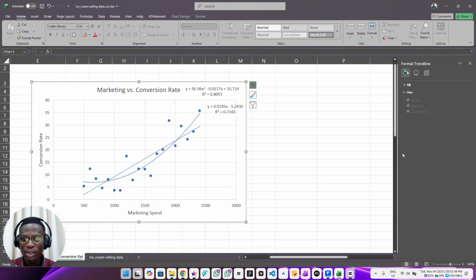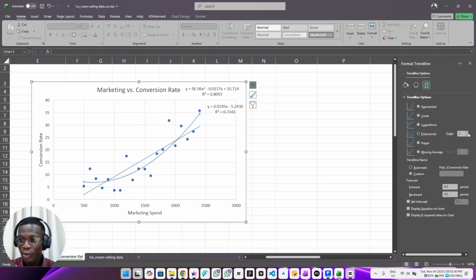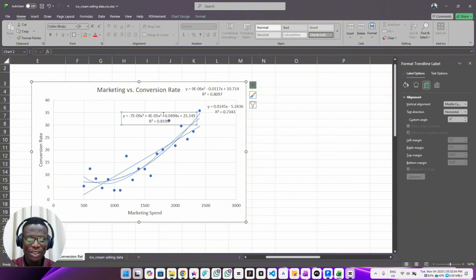Let's say the order of 3. So with the order of 3 we have 81.99, then we have 82.21. I think the order of 3 is not bad, but our model is getting larger, right?